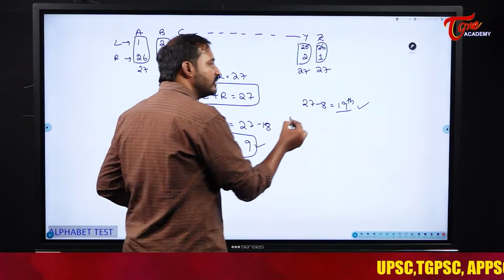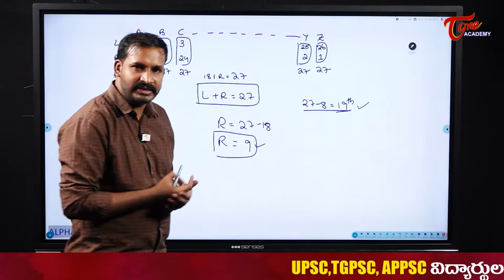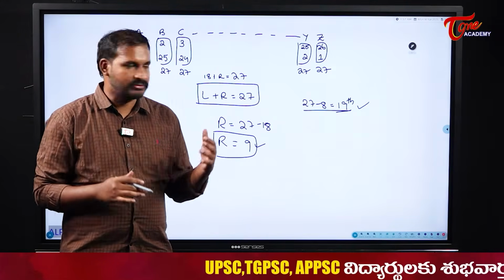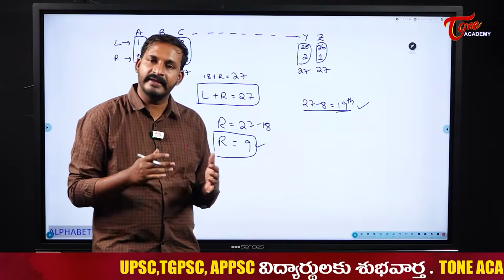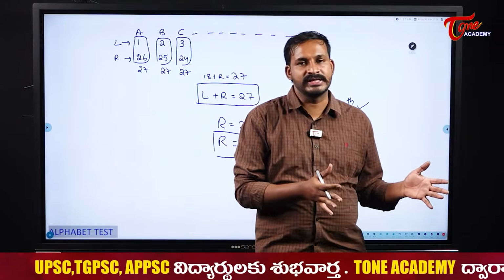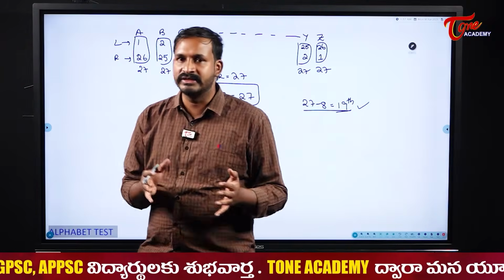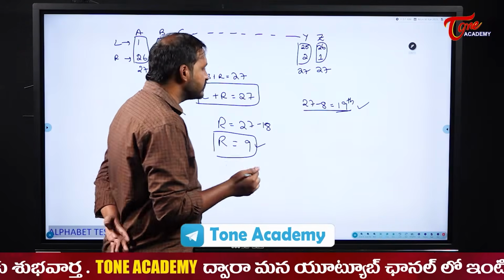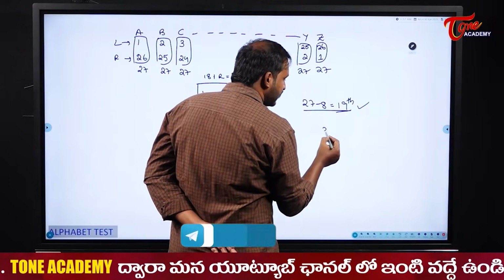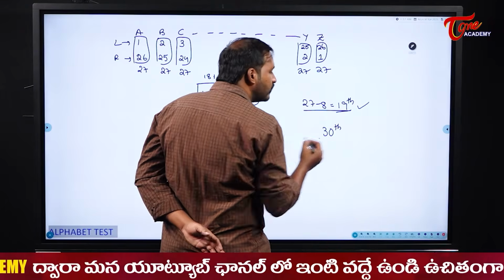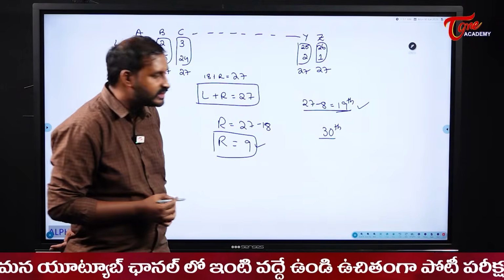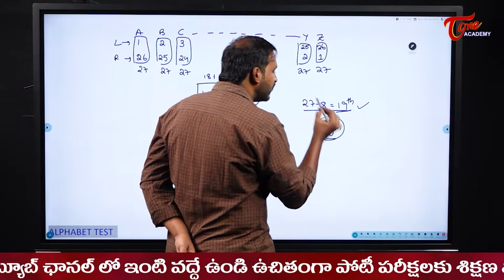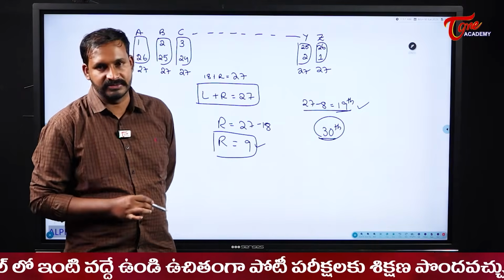Now students, while solving, later we will see concepts like coding and decoding, and series. In those cases, sometimes we need to find the 30th alphabet. Sir, we have only 26 alphabets, so how will it be possible?